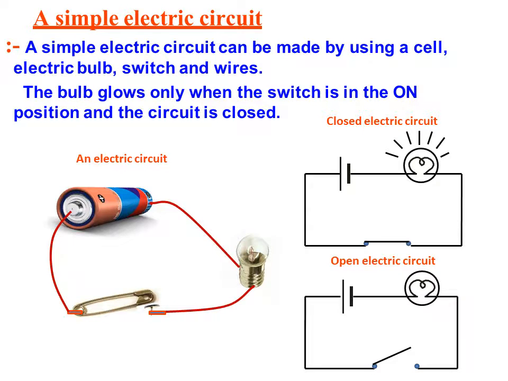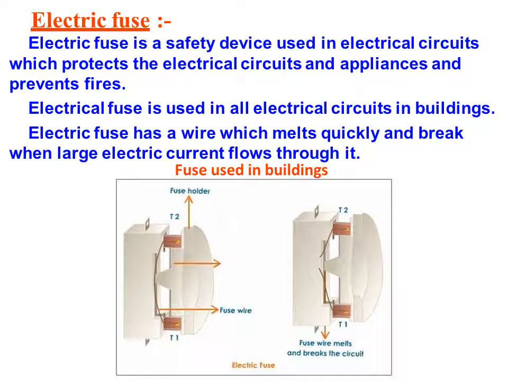So as we discussed about closed and open circuit, a fuse also acts as a switch. And a fuse is mostly used in our homes or in buildings to prevent excess flow of electricity, which can cause fires or electric shocks also.